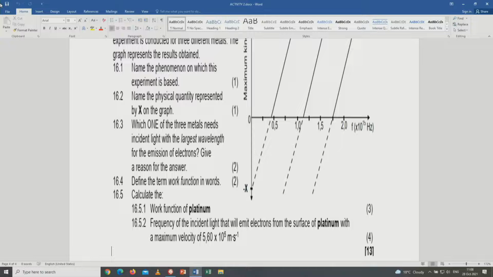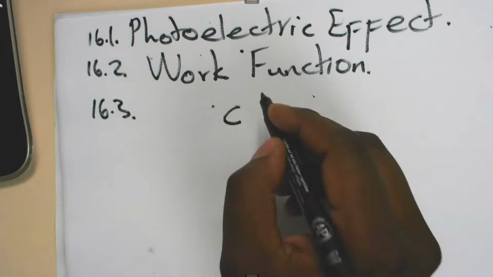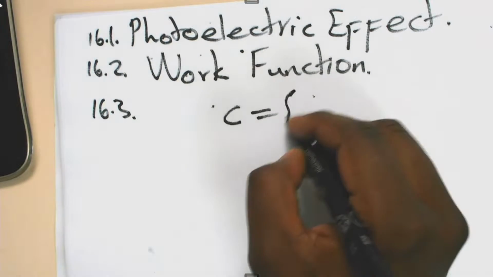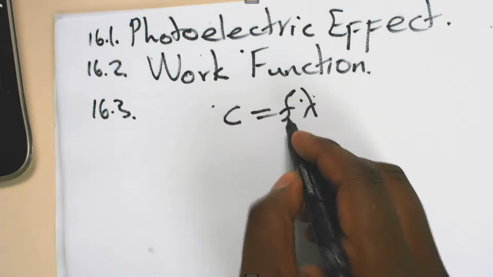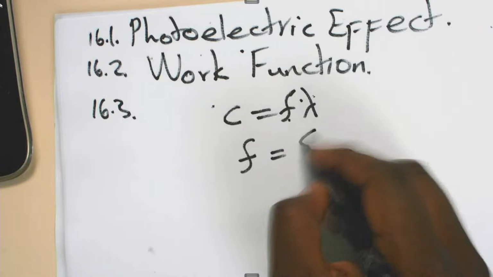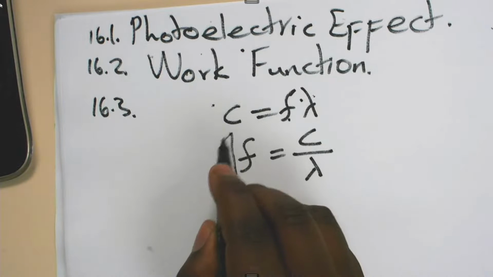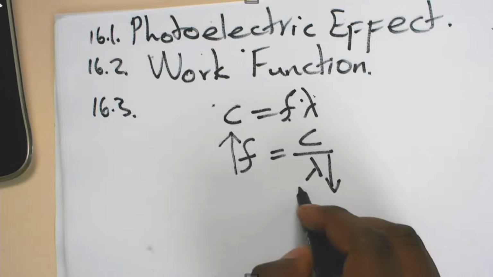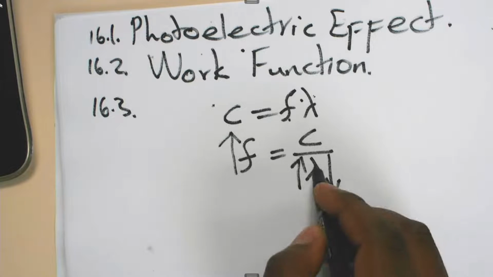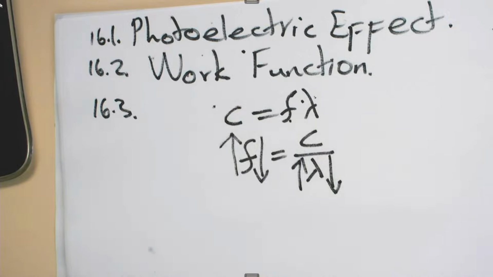According to this formula, C, which is constant, is given by f lambda. If we make frequency the subject of the formula, we'll have C over lambda. This tells us that if the frequency is high, then the wavelength is low. If the wavelength is high or longer, then the frequency will be low. So that is the principle that we'll use to answer that question.